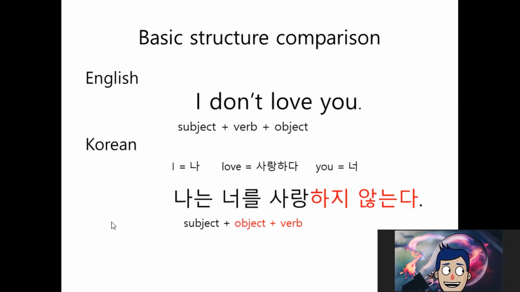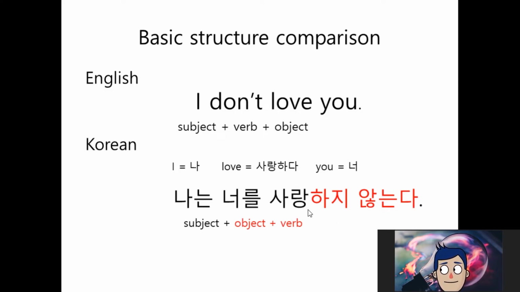When we try to make a negative sentence, we have to change the form of verb, okay? So base form is 사랑하다. However, when you try to make negative sentence, you have to change 사랑하다 to 사랑하지 않는다, which means 뭐뭐하지 않는다. 뭐뭐하지 않다 is a form of negative verb. Okay?